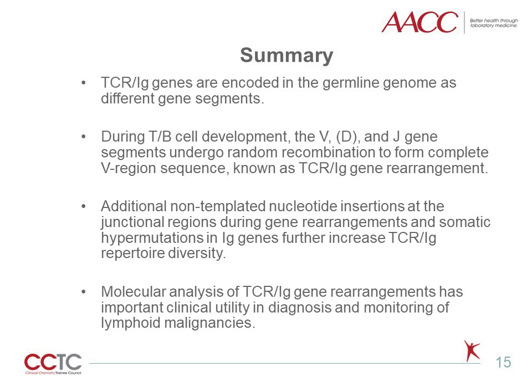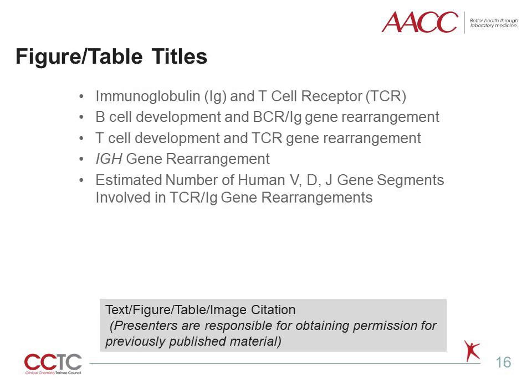Additional non-templated nucleotide insertions and deletions at the junctional regions during gene rearrangement, as well as the somatic hypermutations in IG genes, further increase TCR-IG repertoire diversity. Molecular analysis of the TCR-IG gene rearrangements has important clinical utility in diagnosis and monitoring of lymphoid malignancy.